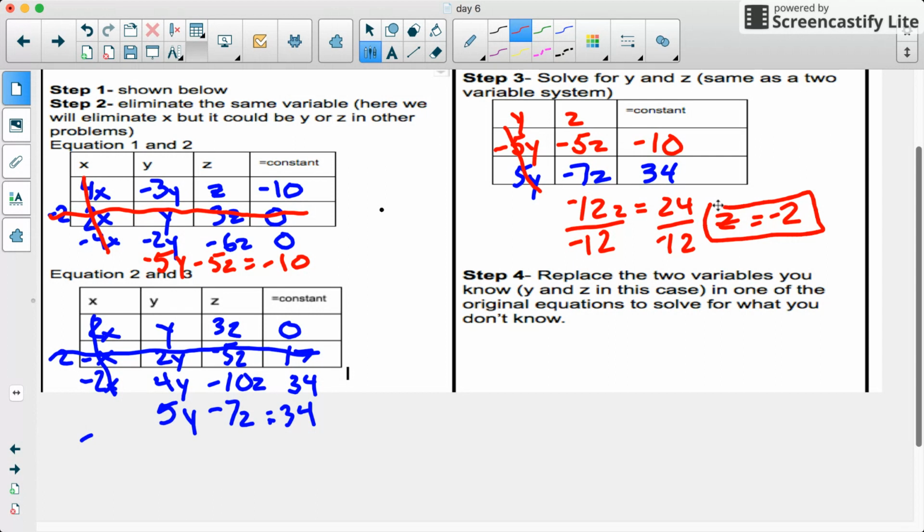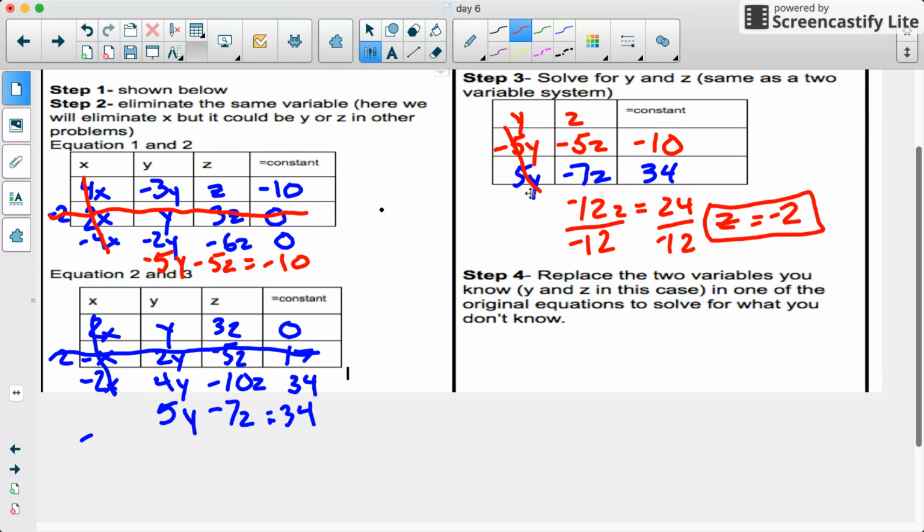So since I now solved for one variable, I can use that to solve for another variable. And right now, since I solved for z, my next variable is going to be y. So I'm going to plug negative 2 in for z in one of these first equations.